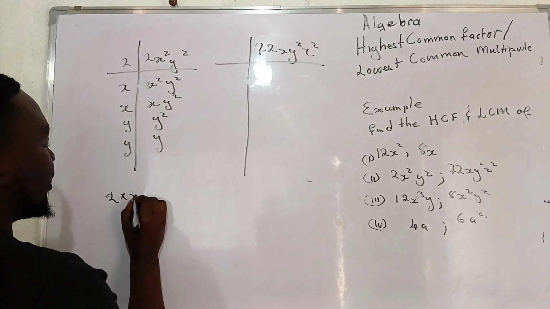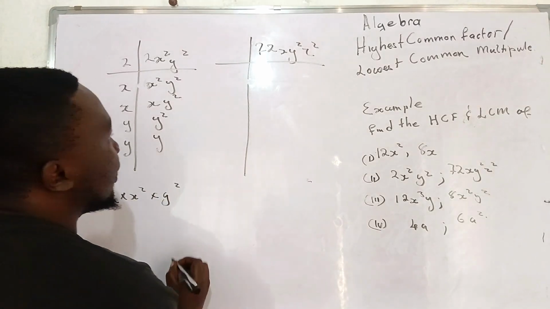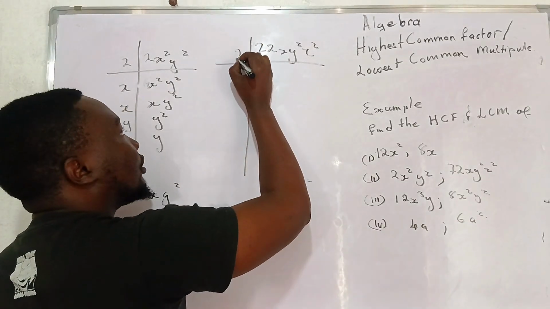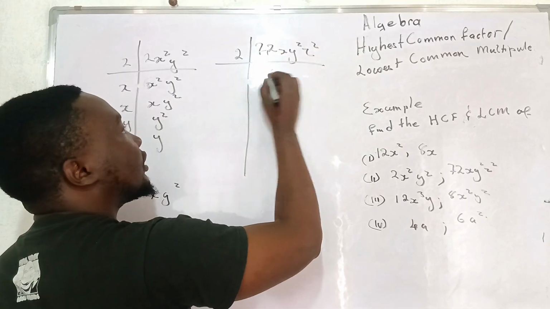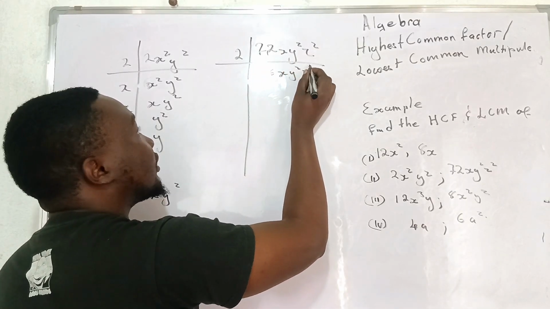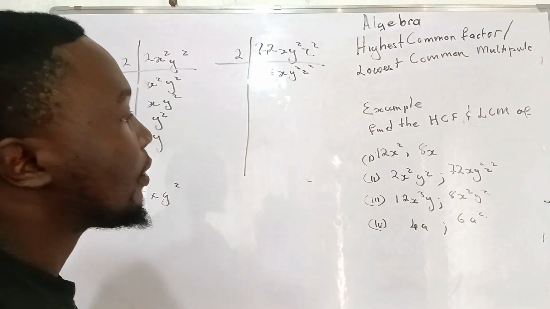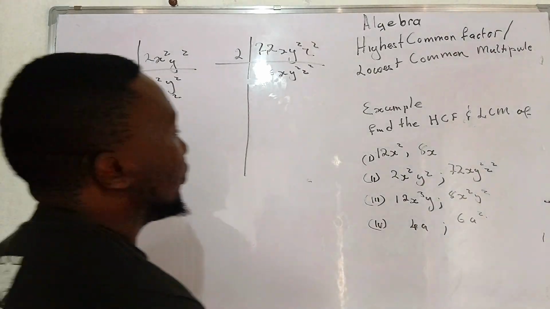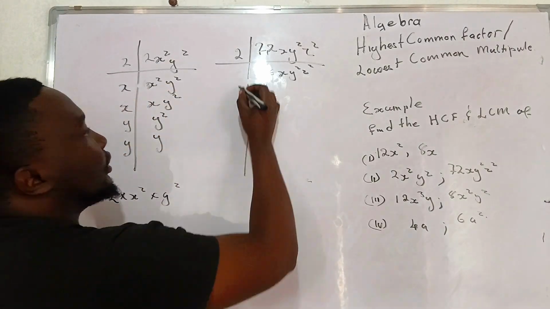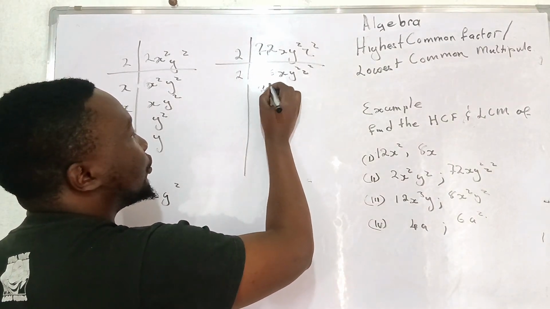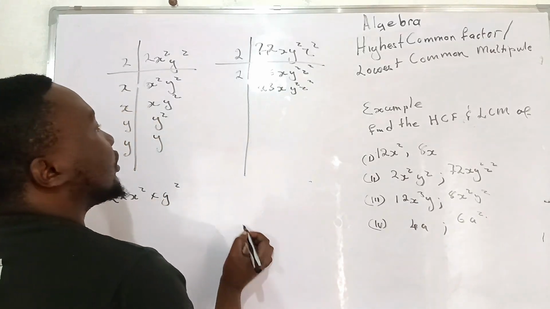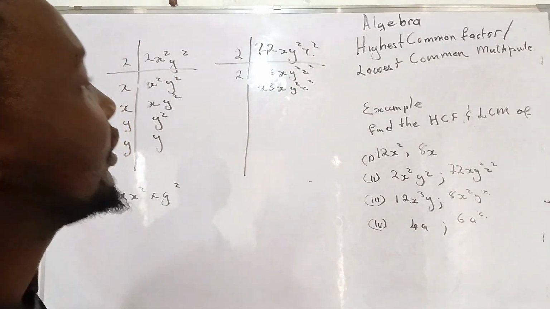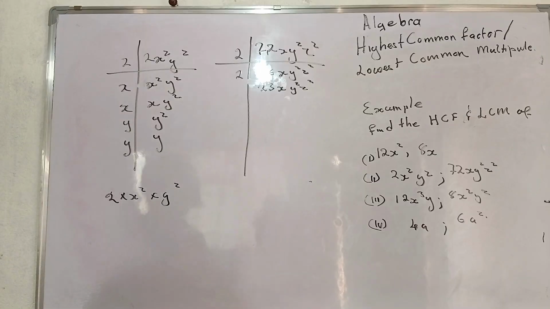It's 2 times x squared times y squared. And we move to this one. 2 into 72, that's 36. Then xy²z². So let's move on. 2 again, this is 18, 3x, y²z². Then 23 is the number that enters into 23.